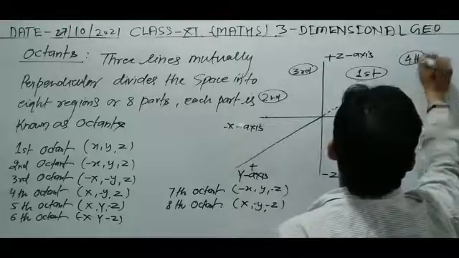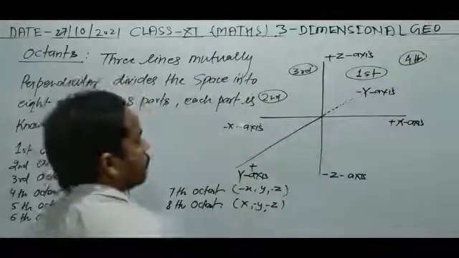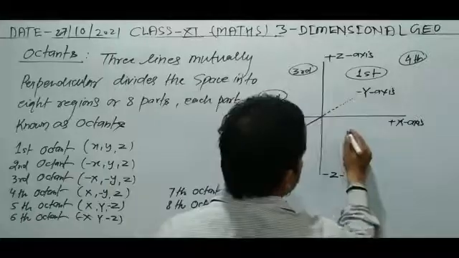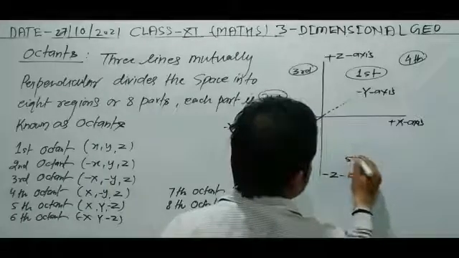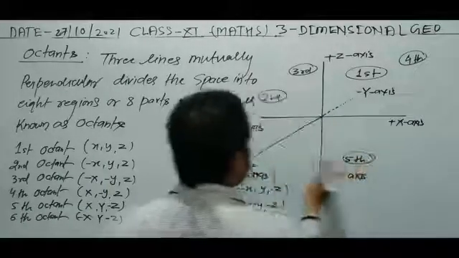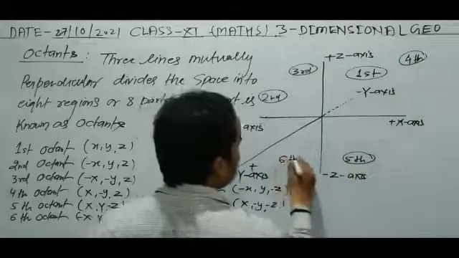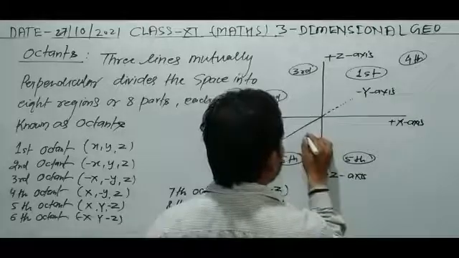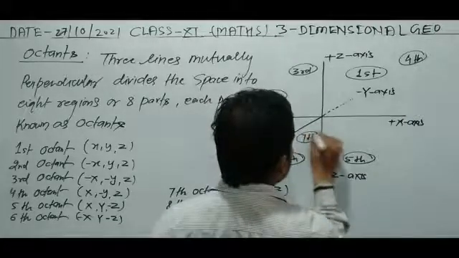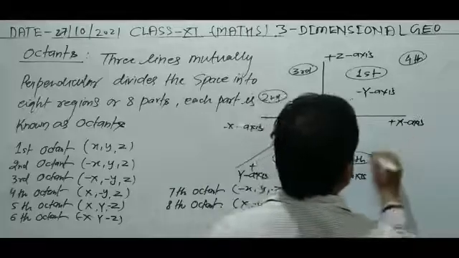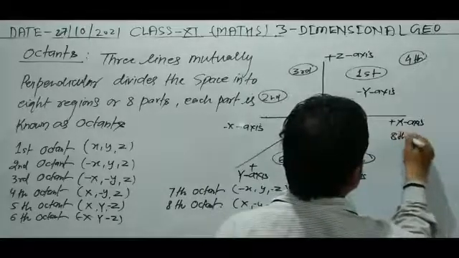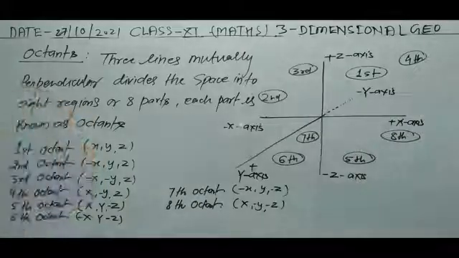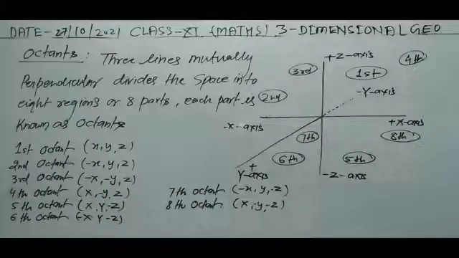Now first bottom is fifth, fifth left is sixth, sixth back is seventh, and fifth back is eighth. Now these are the terminologies of octants.